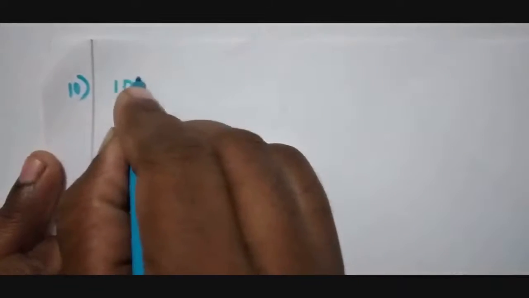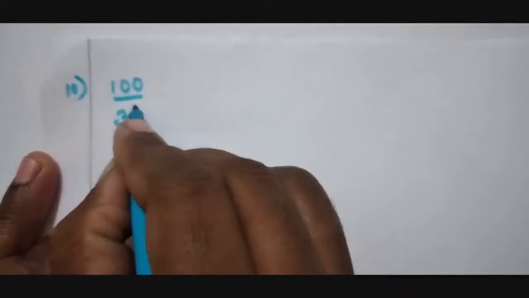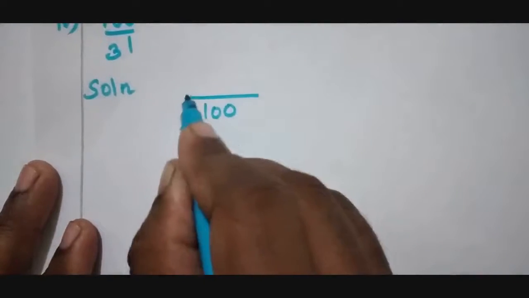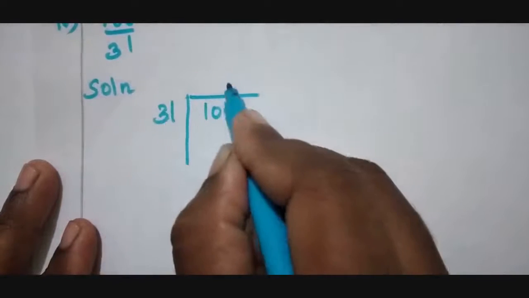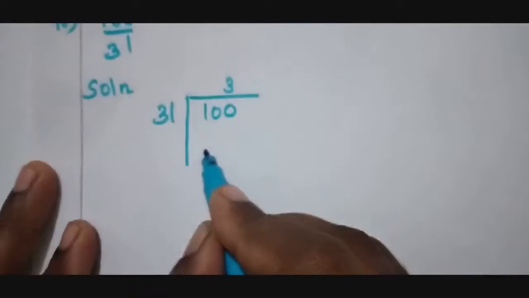100 divided by 31. Let us solve this one. 100 divided by 31. So 3 into 31 is 93.